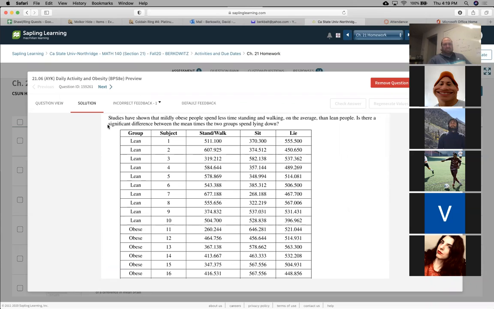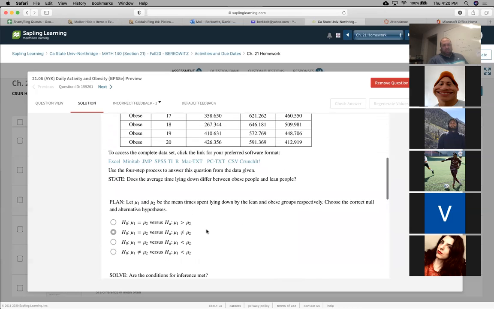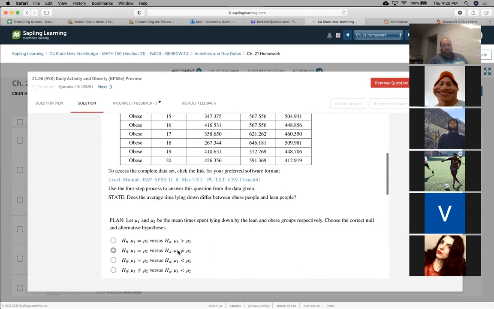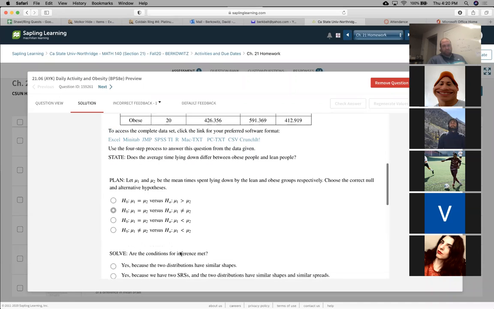We only care about lying down. So this is a not-equal-to alternative hypothesis, where the null hypothesis is, of course, always equality. Let's test the null hypothesis that they're equal versus the alternative that they're not.